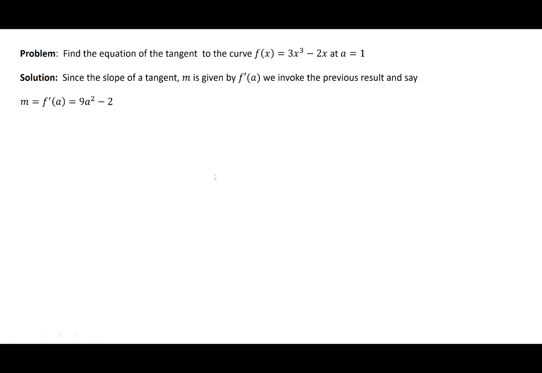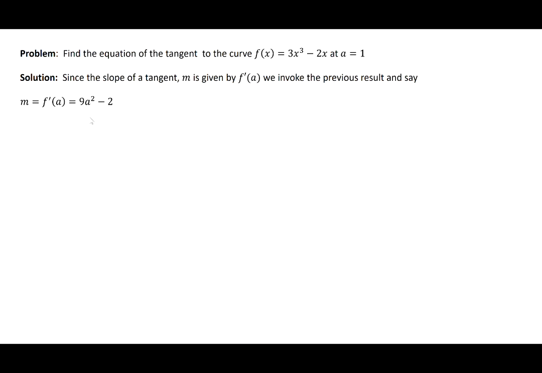So let's apply m equals f prime of a. Now check this out. Wow, I'm mighty clever. Earlier we solved this problem, 3x cubed minus 2x, and at some point a, what is the derivative? Well, we got 9a squared minus 2.